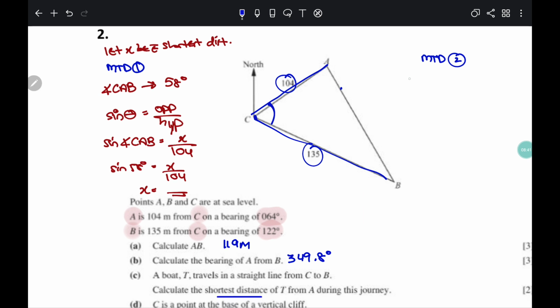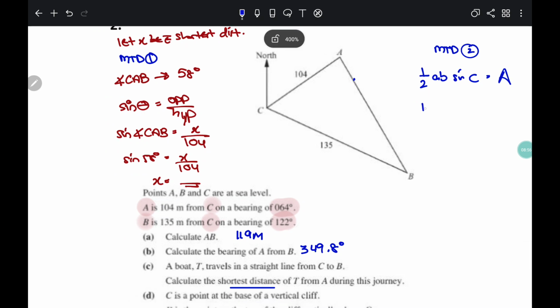So I use half ab sine C to get the area of triangle. What is the value? At the same time, to find area of triangle, I can use half times base times perpendicular height.